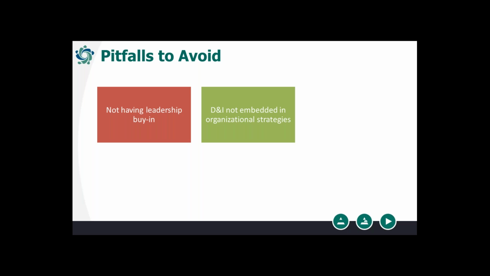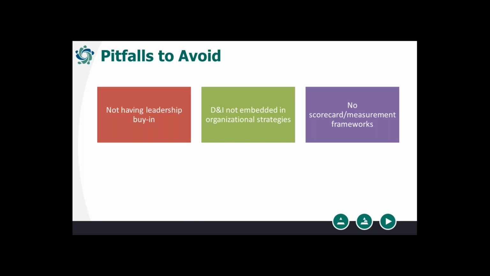The next one, again, it has to be embedded in the organization's strategy, the organization's business case, whatever document is really grounding the organization overall, and it's not just an HR thing. The next one, no scorecard or measurement frameworks. The old saying, what gets measured gets done.